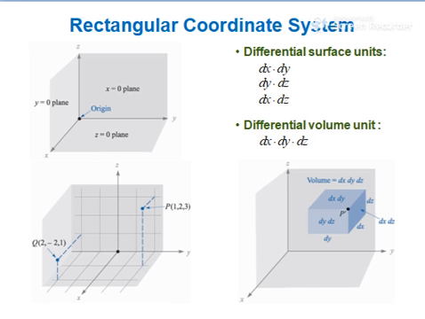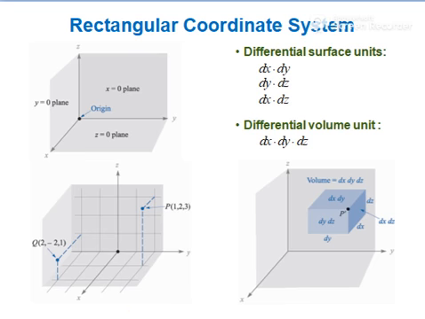You can also have two types of such a system: a right hand system and a left hand system. Of these, the commonly used one is the right hand rectangular coordinate system.